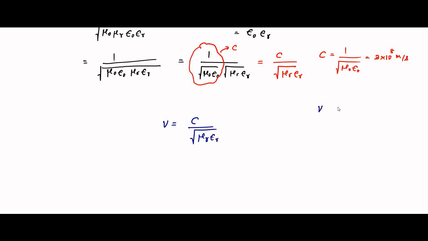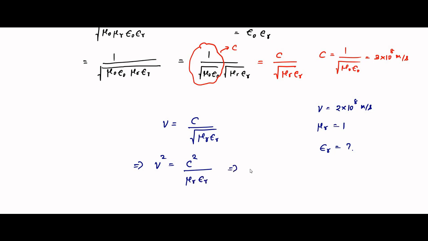Here V is given 2 into 10 to the power 8 meter per second, mu r is given 1, epsilon r is asked, the relative permittivity. So we can square both sides, that implies V square is equal to c square by mu r epsilon r.